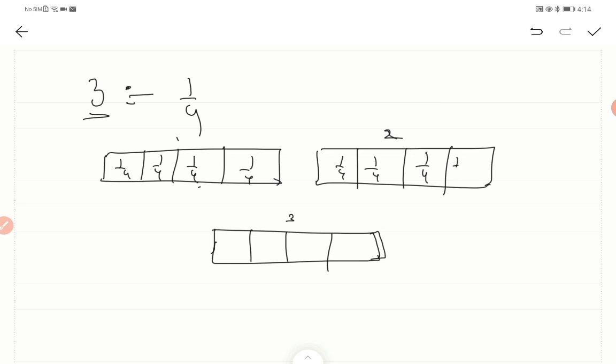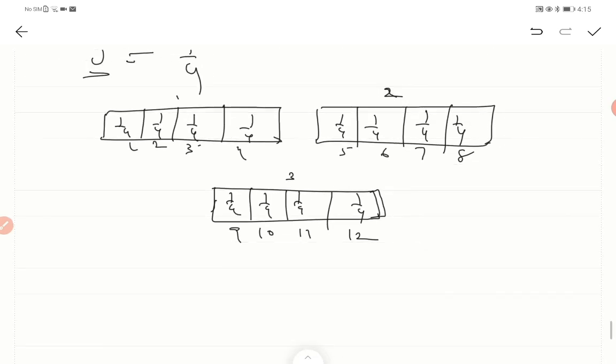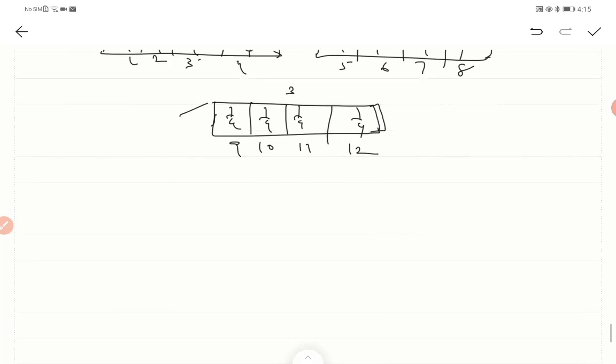So in all of this, how many will you get? This is also 1 by 4, 1 by 4, 1 by 4. So you have 1 2 3 4 5 6 7 8 9 10 11 12. So when you divide 3 wholes by 1/4, you get 12 as the answer.